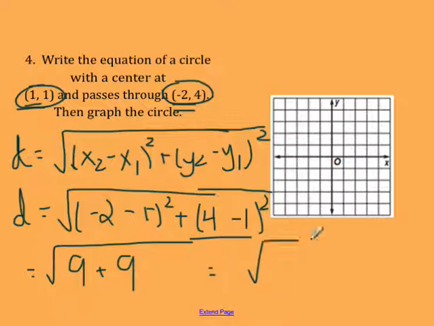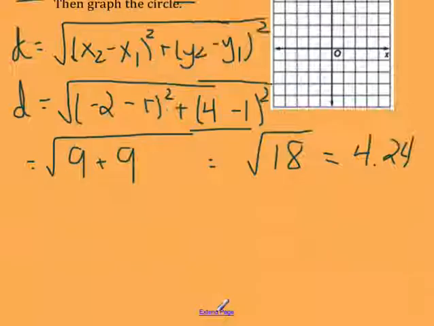So that is the square root of 18. Okay? And just for our future reference, the square root of 18 is going to give you 4.24.